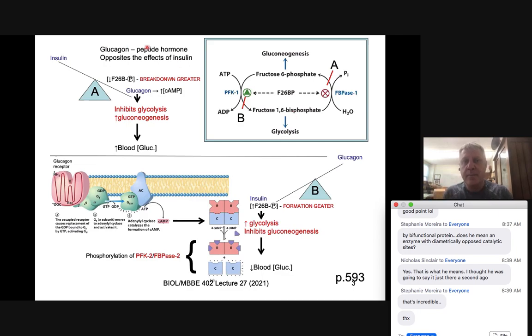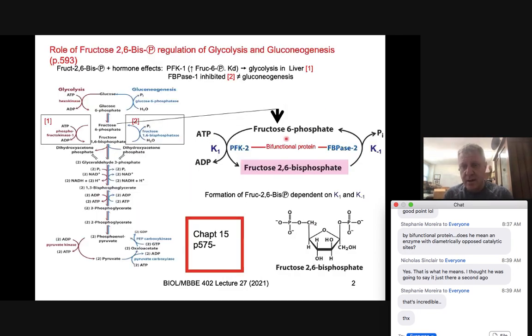So glucagon, a peptide hormone, has the opposite effects to insulin. So let's now change the seesaw to B, where we're now seeing a high concentration of the fructose 2,6-bisphosphate being made. That means if we look back at this slide, the K1 is greater than the K minus 1 in regards to the breakdown.